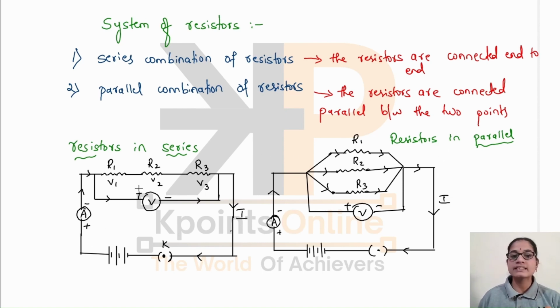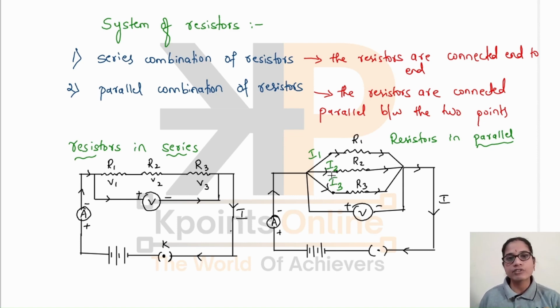In case of resistors in series, the current flowing through each resistor is the same, because there is only a single path. It will be I only. Whereas in case of the parallel combination, there is a junction where the path gets divided, so the current will also get divided. If I is the total current flowing through this circuit, once it reaches the junction, it will be divided into I1, I2 and I3, because these are different paths.